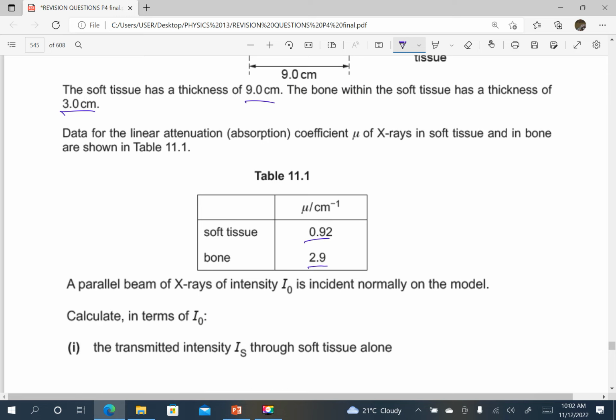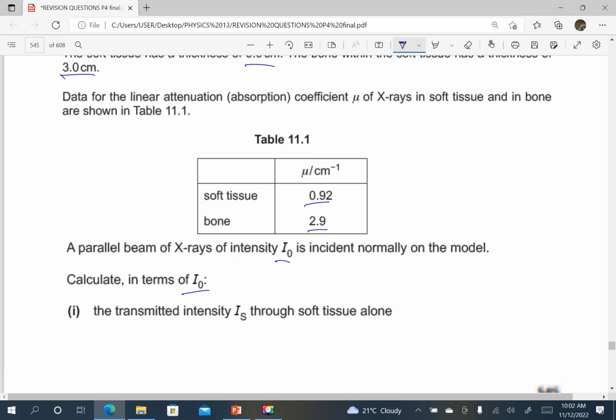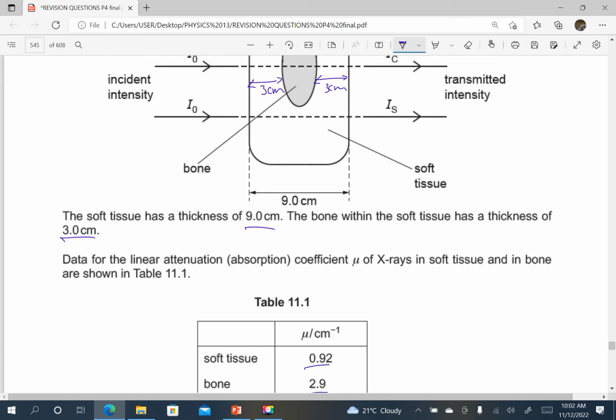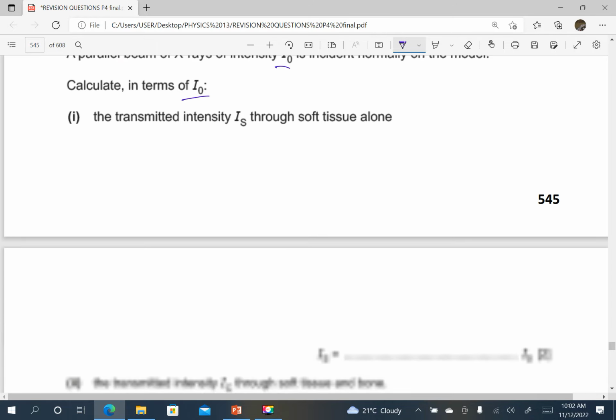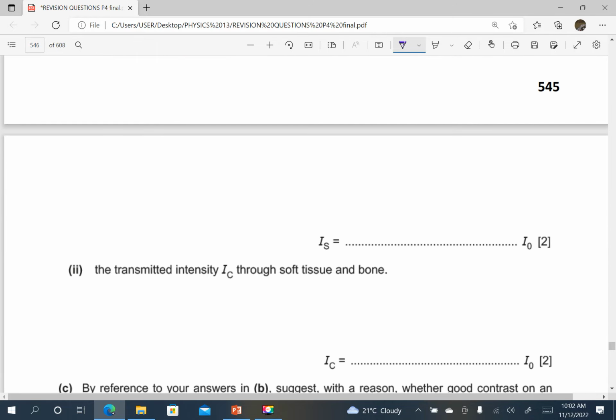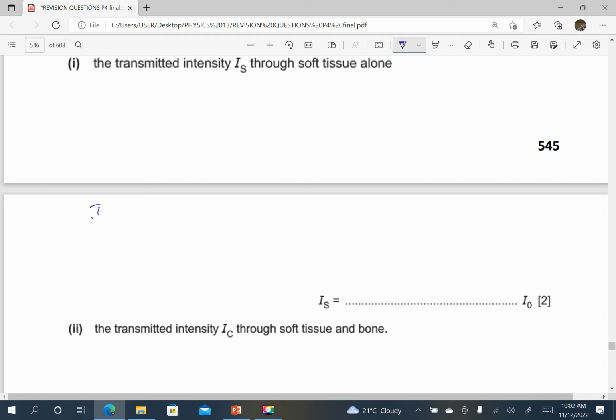A parallel beam of X-rays of intensity I naught is incident normally on the model. Calculate in terms of I naught the transmitted intensity IS through soft tissue alone. So that is very easy. IS is equal to I naught e power negative mu times x.